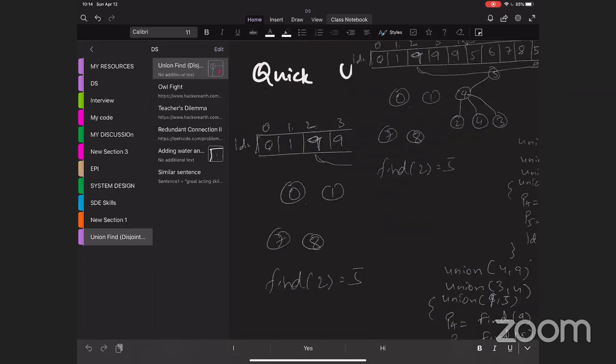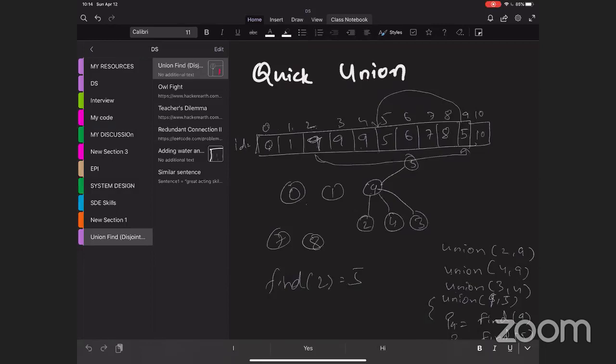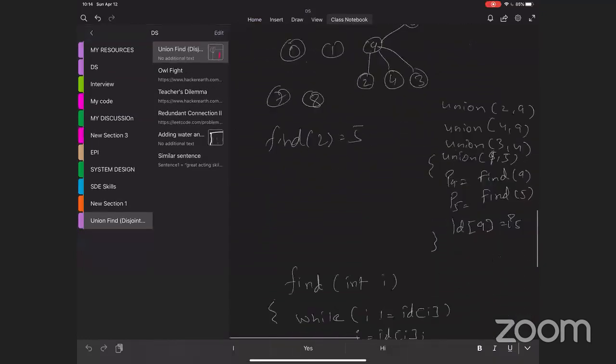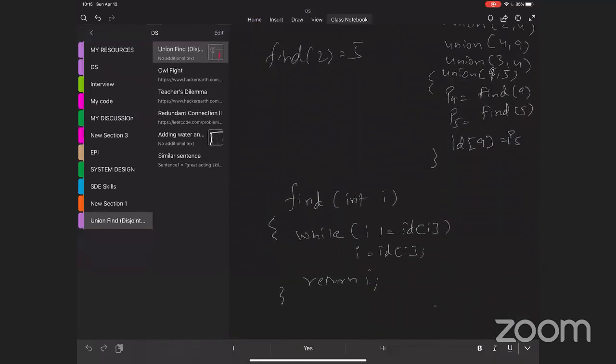Find 9 says that 9's parent is 5, and 9 and 5 don't match. So my I becomes 5, and I'm going to do find 5, right? And now find 5 and 5 match. So we run our while loop till both match, till I becomes the ID of I, and then we return I. Okay. Any question for this?